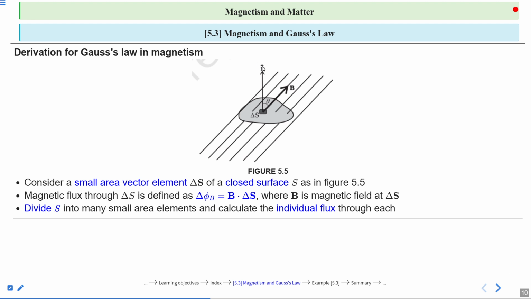Its direction will vary with the orientation of these small elements, so the angle will change for each small element, and so the flux will change for each small element. Got it? So we have to calculate the individual flux through these small elements, then integrate it. Divide S into many small area elements and calculate the individual flux through each.